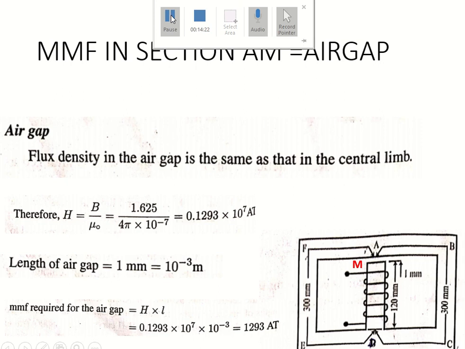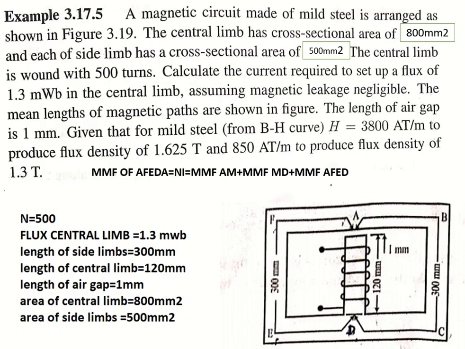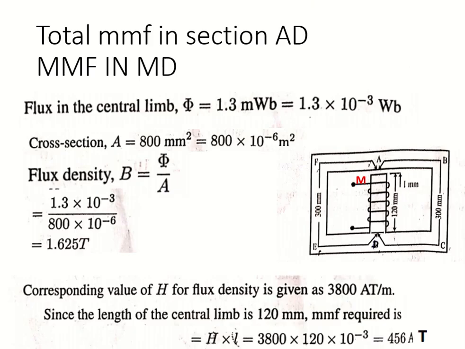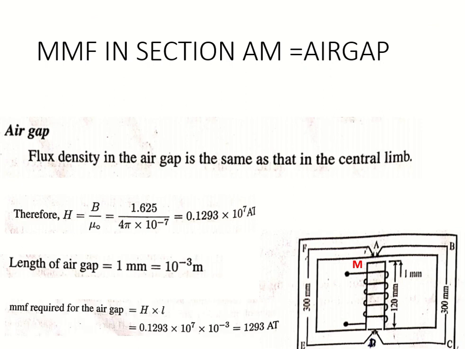So you got the MMF of two sections. MD is 456 ampere turns, and for section AM the MMF is 1293 ampere turns. If you got the value, next we have to find the MMF of the third section AFED.